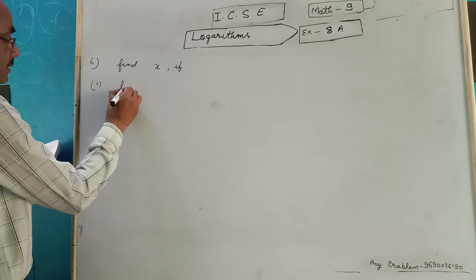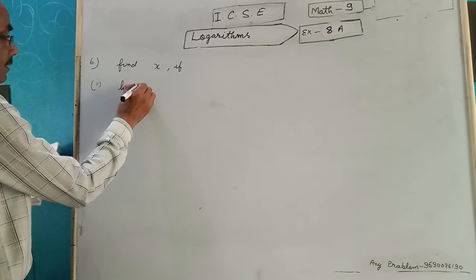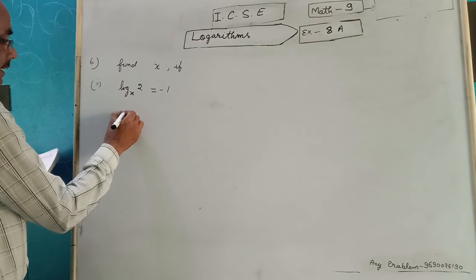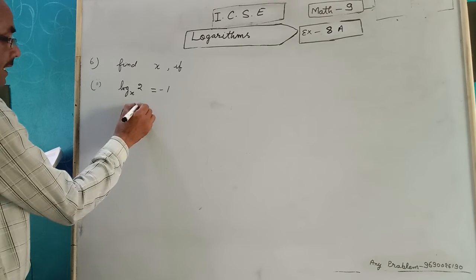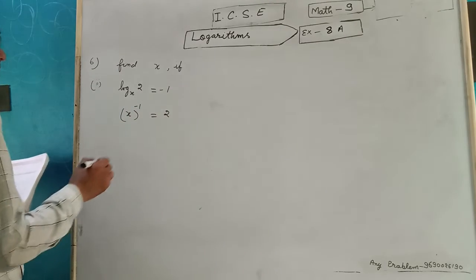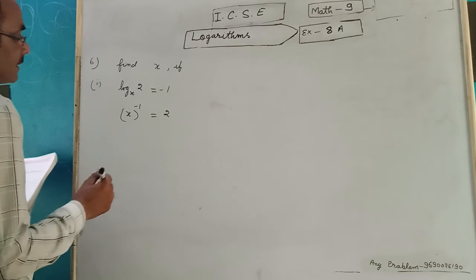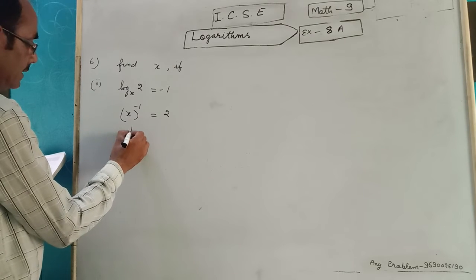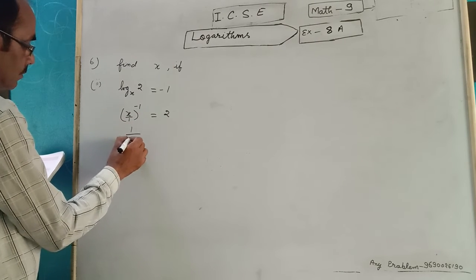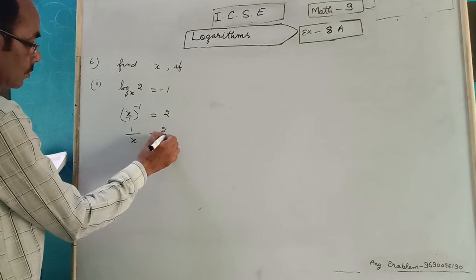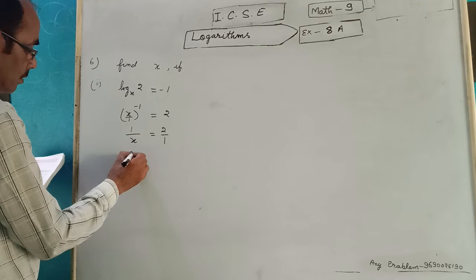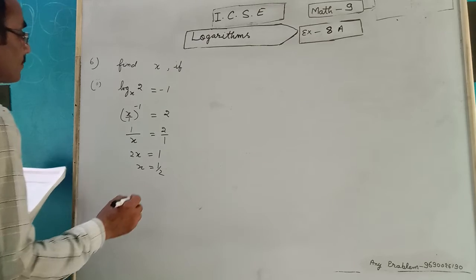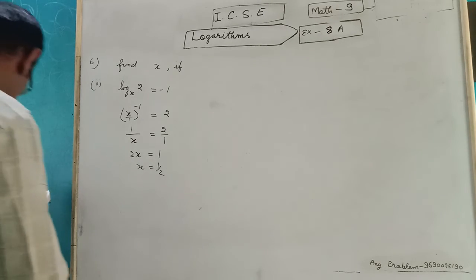Second part is log x base, 2 is equal to minus 1. X has power minus 1 is equal to 2. Power is right, 1 upon x is equal to 2 upon 1. After cross multiply, x is equal to 1 upon 2. Second part is complete.